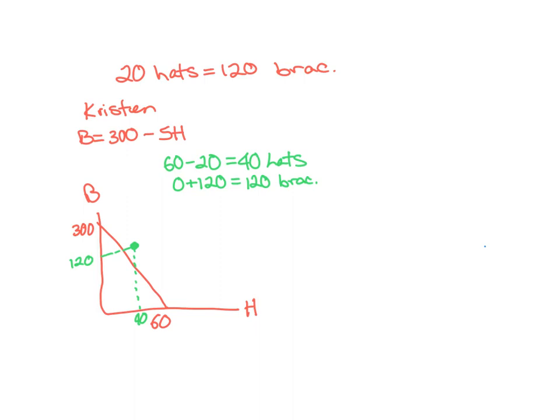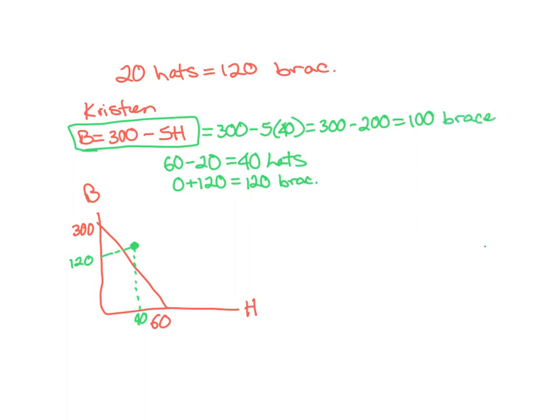To see that, we can employ the equation we wrote for her production possibility frontier. So in autarky, if she were just producing on her own, if she were to make 40 hats on her own, at most, she'd be able to make, let's see, 300 minus 5 times 40 is 200 hats... rather, 300 minus 200 is 100.